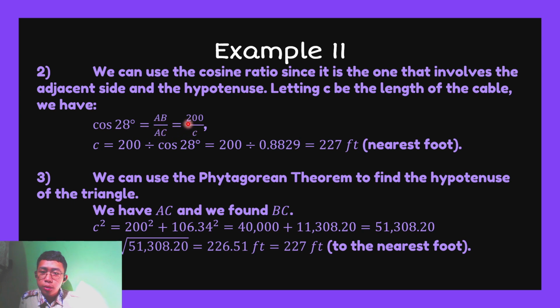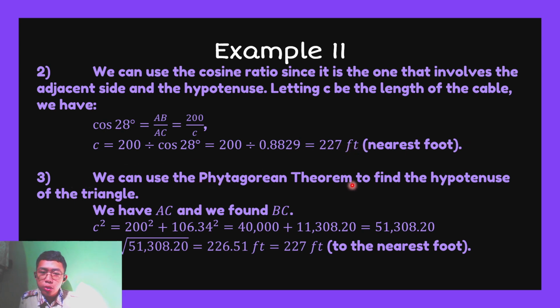So that equals 200 per C. We want to find the value of C. So C is equal to 200 divided by cosine 28. So 200 divided by 0.882829 is equal to 227 feet, to the nearest foot.